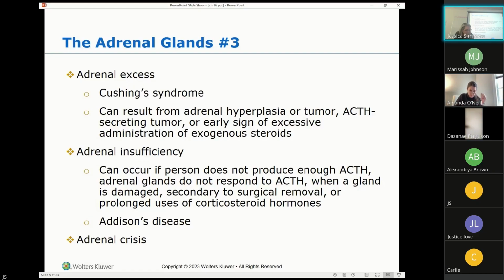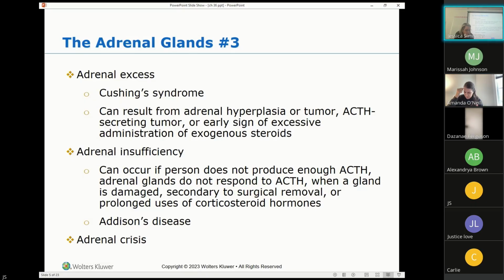Sparse axillary and pubic hair, bluish black oral mucosa. So Cushing's, you have lots of hair. Addison's, you have sparse hair, okay? Hyponatremia, hyperkalemia, hypoglycemia, lethargy, fatigue, weakness. So this is the opposite of Cushing's. Dehydration, fatigue, poor response to stress, limited ability to respond to infection.